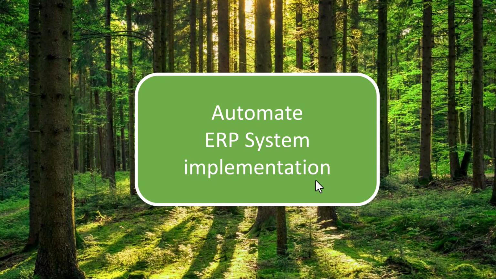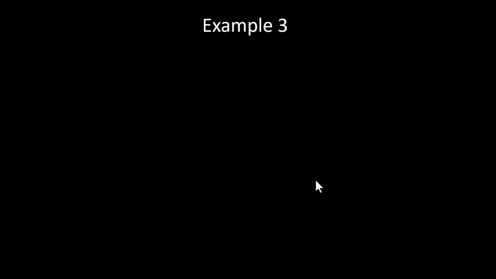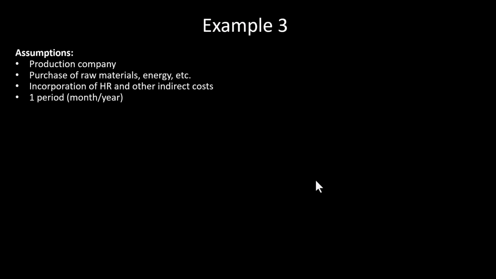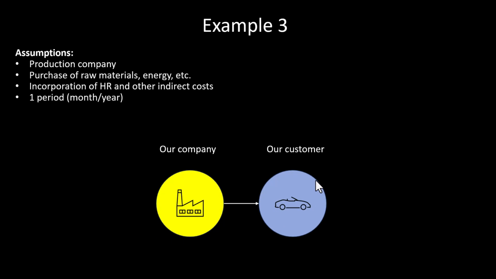Now we had a look at another example, example 3. This was what we did last time, where I entered the transactions manually. I had a look at our company where I recorded the transactions. Then we finally saw how much CO2 emissions are shifted on to our customer once we sell something.